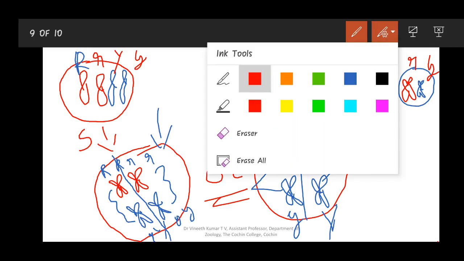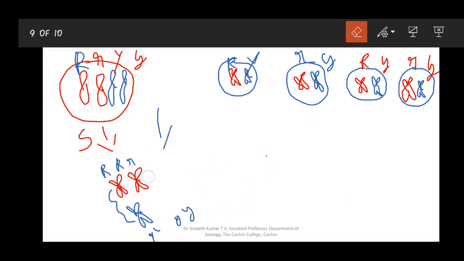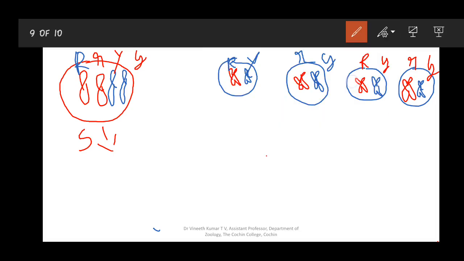And now, I'm just erasing these two. Now we'll concentrate only on this particular one and the different types of gametes being produced. So now these will be moving on to our normal mitosis.